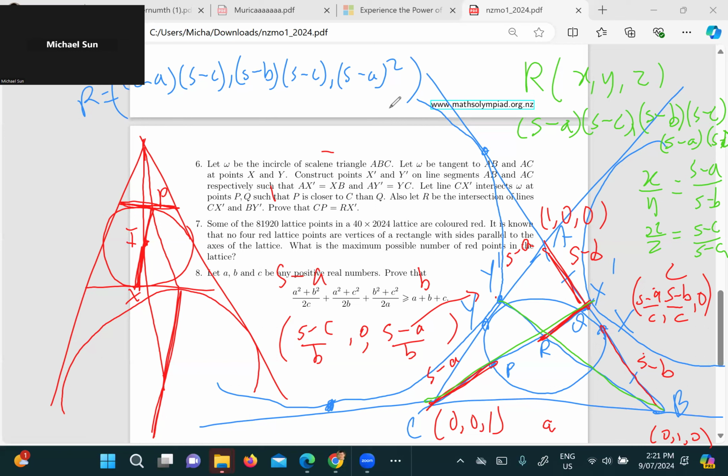So then that's S minus A on S minus C times S minus B on S minus A. Actually, he might be right.